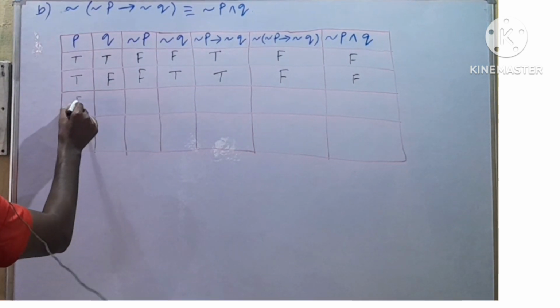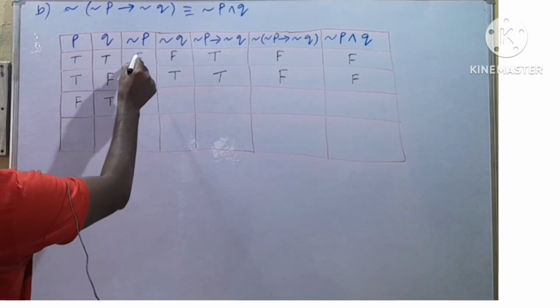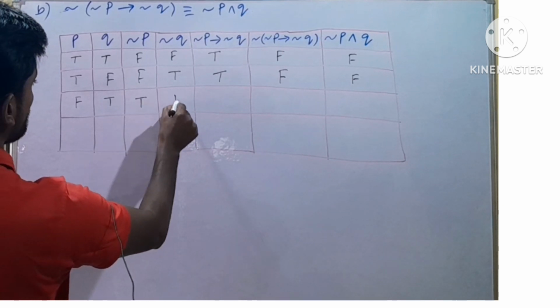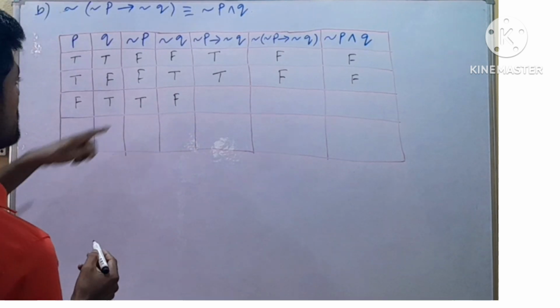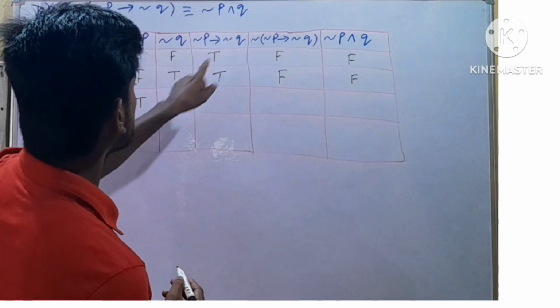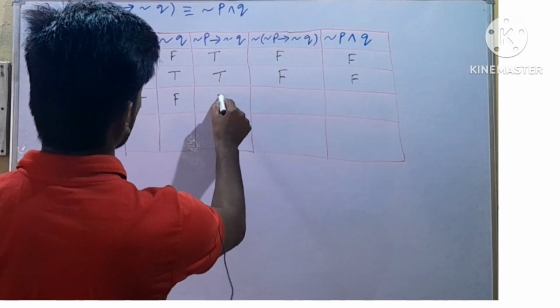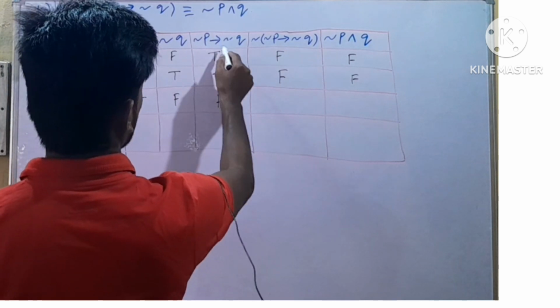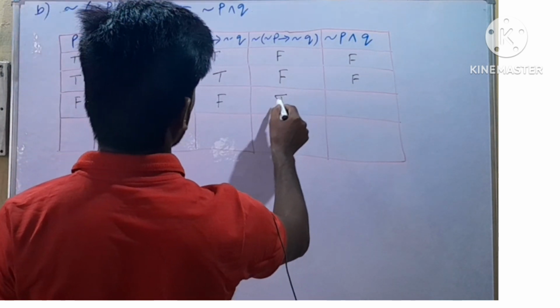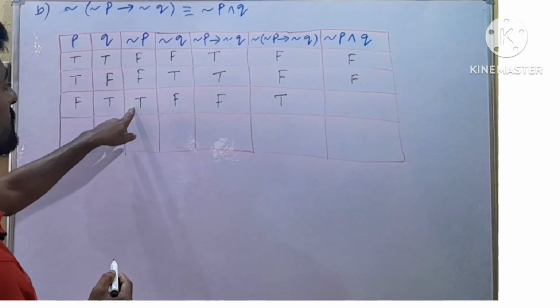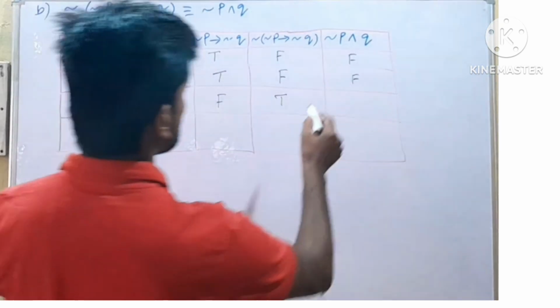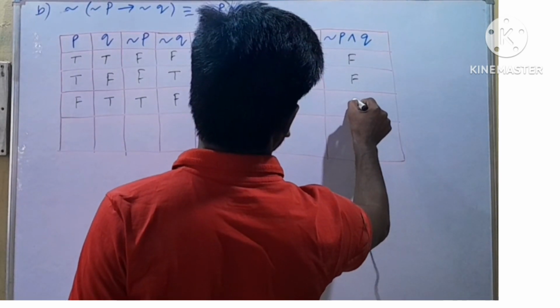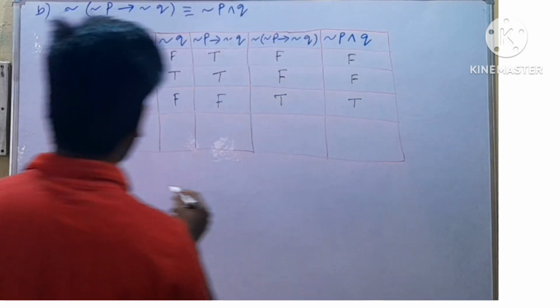Next we take P false and Q true. Then negation of P will be true, negation of Q will be false. Since negation of P is true, negation of Q is false, the conditional will be false. Since this one is false, its negation will be true. Now negation of P is true and Q is also true, so the conjunction will be true.